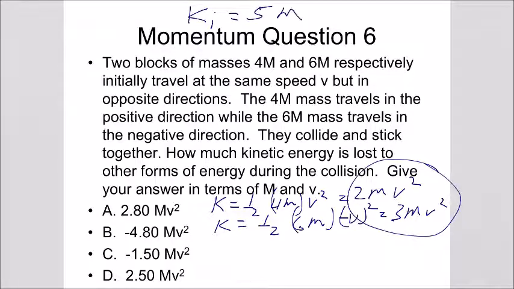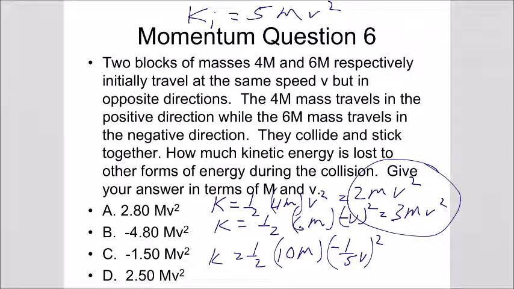5mv squared. Well, our kinetic energy after the collision is going to be 1/2 times the combined masses of 10m times that new velocity, which was -1/5 v squared.